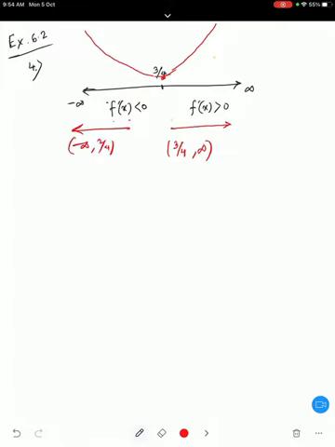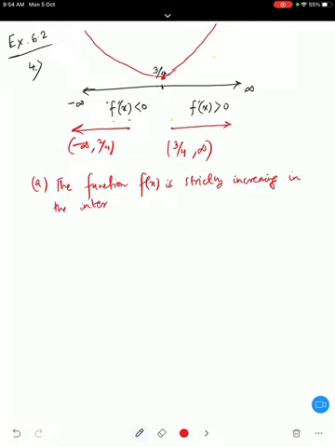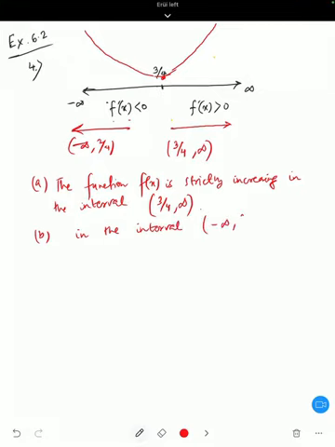So let us write the answer. What do we have in here? Write down: the function f(x) is strictly increasing in the interval 3 by 4 comma infinity, and the answer of B will be: the function is strictly decreasing in the interval minus infinity to 3 by 4.